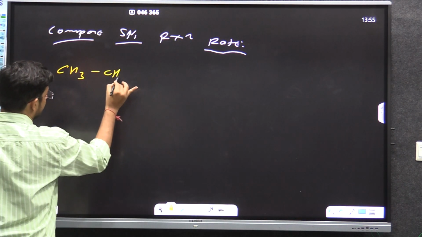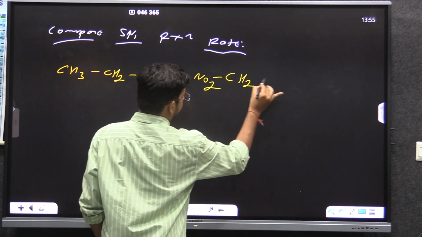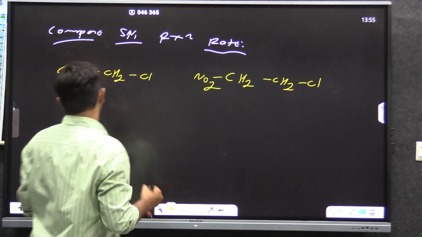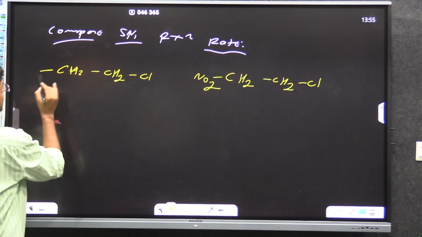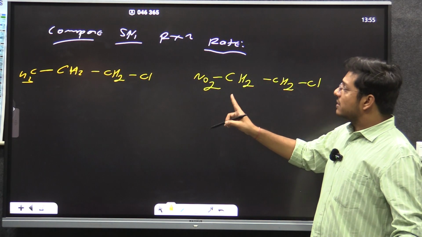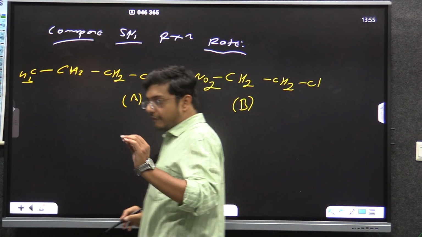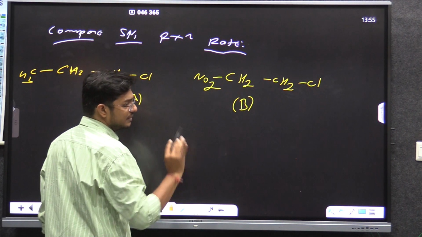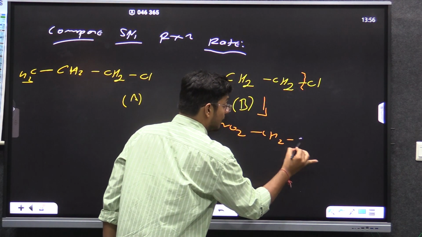Let's suppose we take these two, A and B, and we need to compare which is fastest toward SN1. Again, what we need to do is break this alkyl halide and convert it into a carbocation.